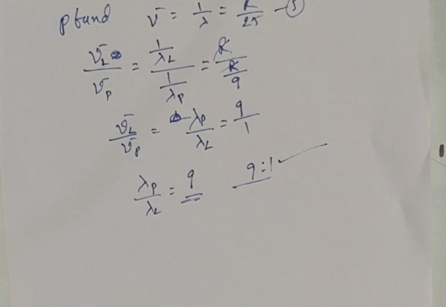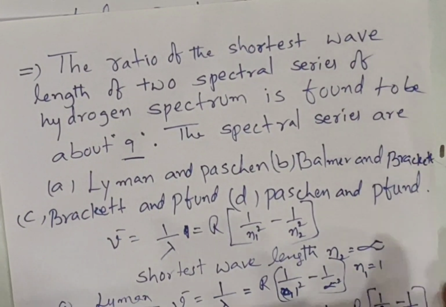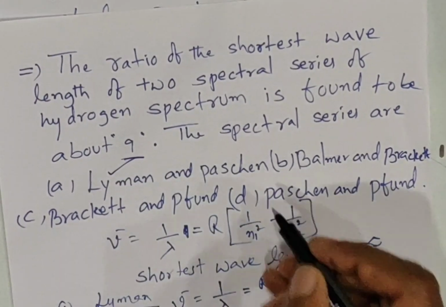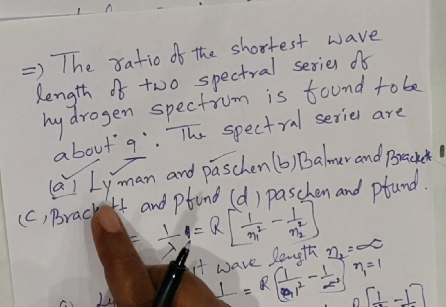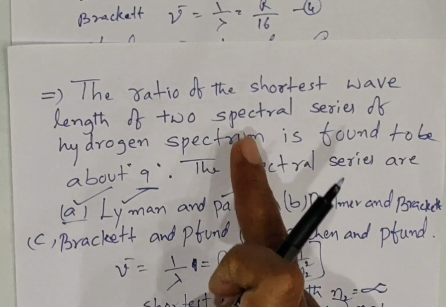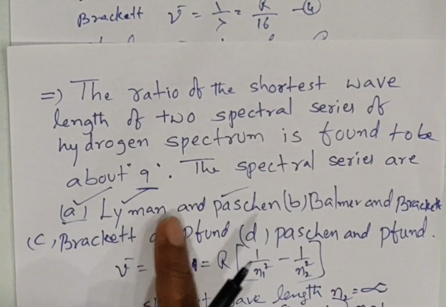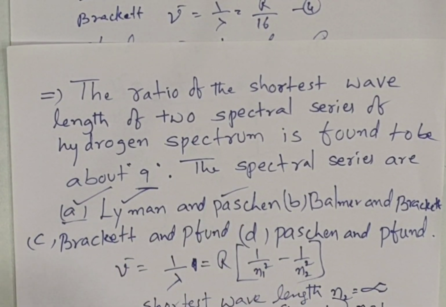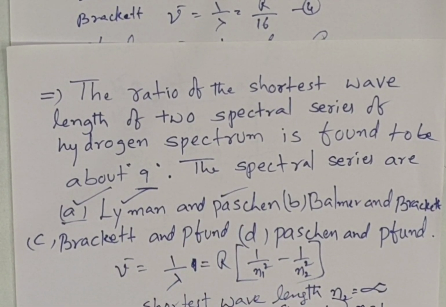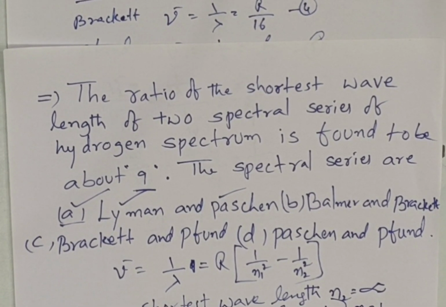Now in the options, the correct one is Lyman series and Paschen series. Then the first option is correct. So it is very important. You must and should remember. Very easy also, dear students.